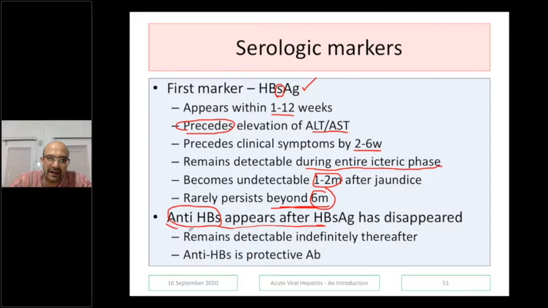The occurrence of anti-HBs antibodies in the serum indicates that the person has recovered and is immune to further hepatitis B infection. Please remember this. First marker, HBsAg, and once anti-HBs antibodies have appeared in the serum, that means the person is safe and immune.